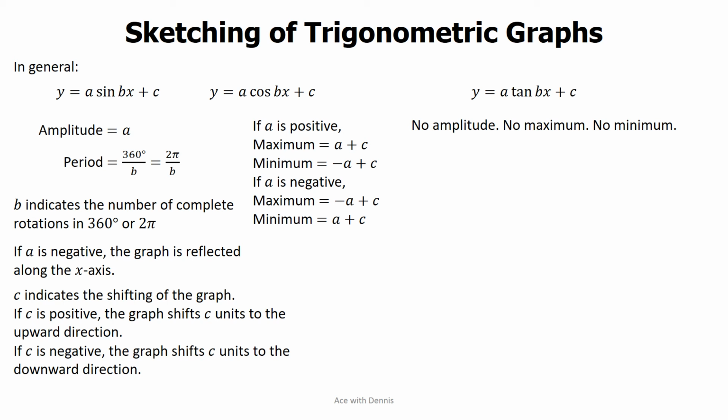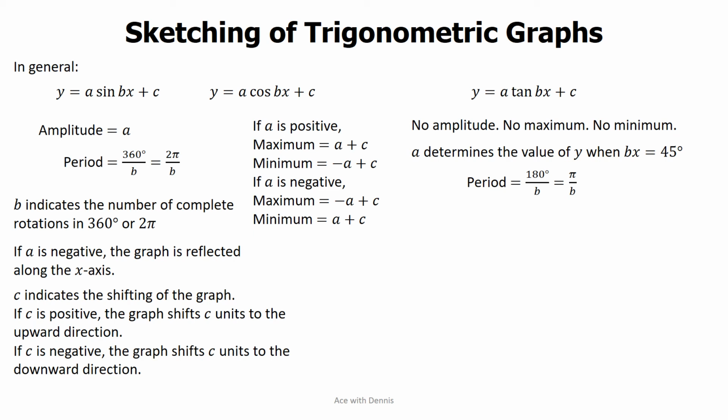So in other words, there is also no amplitude. Okay, so a will only determine the value of y when bx is at 45 degrees. Now, the period is 180 degrees divided by b, or pi divided by b.